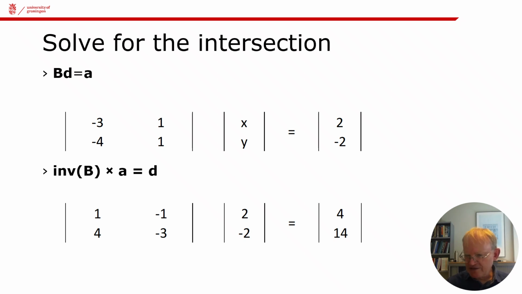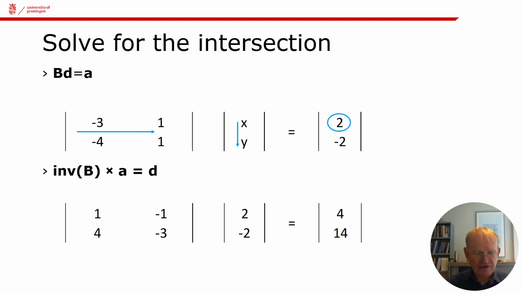And in a normal equation, if you have like A times x is B, we would simply move the A to the other side and we would divide by that. So what we would want to do is say d is a divided by B. But that's not how it works in matrix algebra. Then you don't use the division, but you use the inversion. And so that's how to do it.